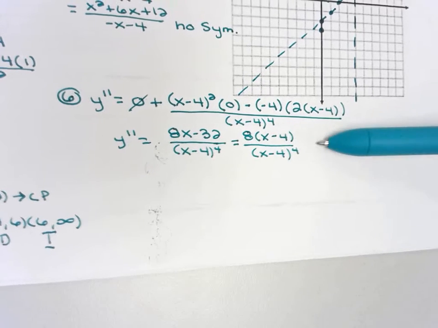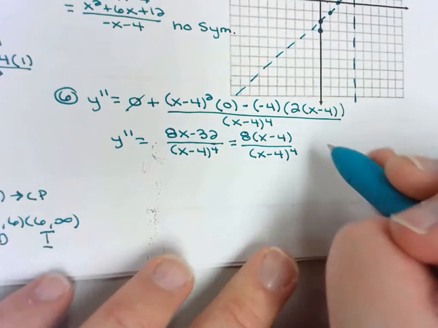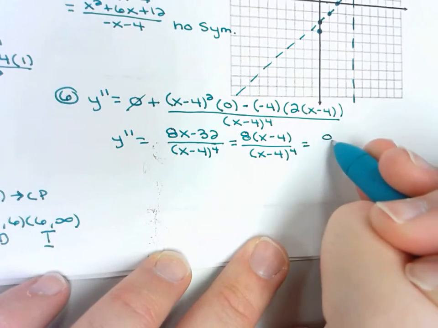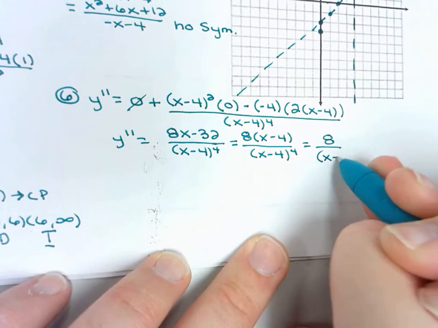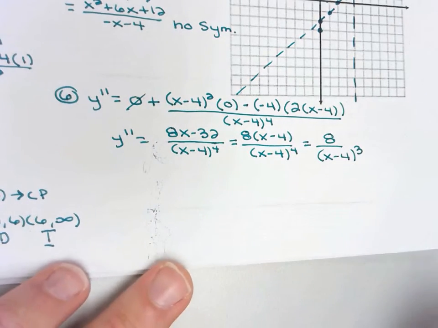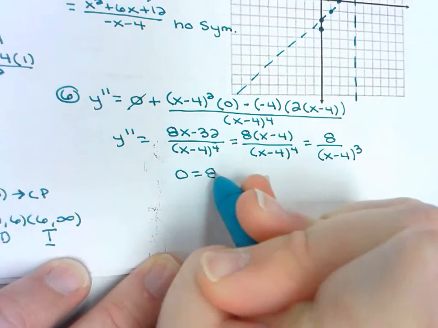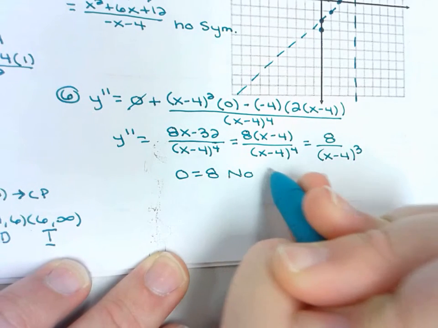This one you did with the second derivative, so you don't need to worry about it. Okay, so those are going to cancel, so you're going to have 8 over x minus 4 to the 3rd. If I set it equal to 0, 0 equals 8.